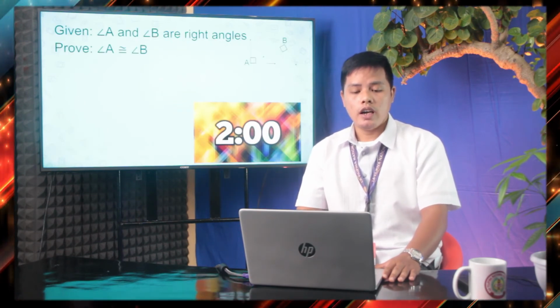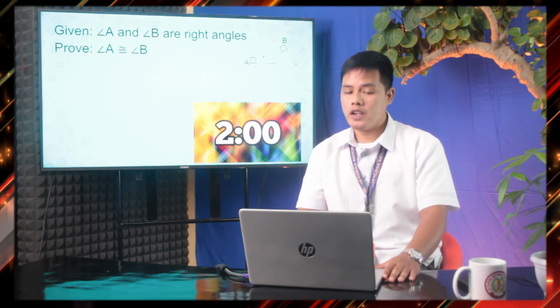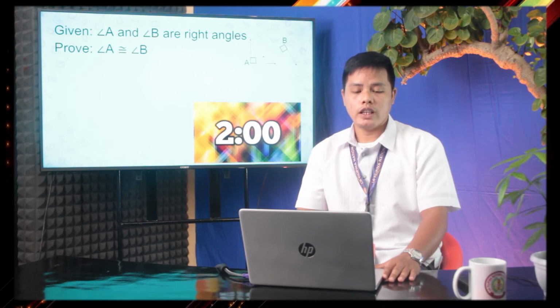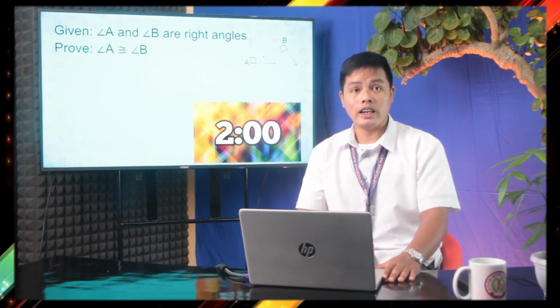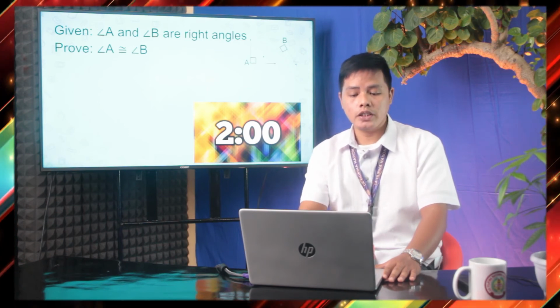Now this is the problem. Given angle A and angle B are right angles shown in the figure. Prove that angle A is congruent to angle B. Your time starts now.